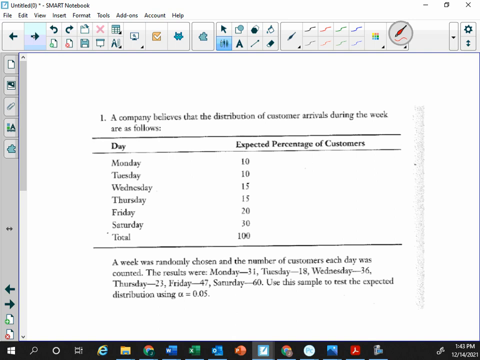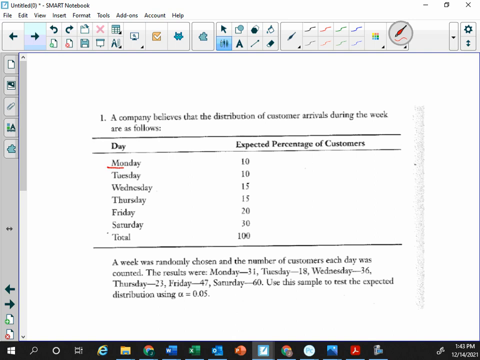On Monday, 31 customers came, Tuesday was 18, Wednesday 36, Thursday 23, Friday 47, Saturday 60. And that's the sample information we have. And we are going to test to see if these expected amount of customers is actually what happens, okay? So let's walk through all the pieces of this.